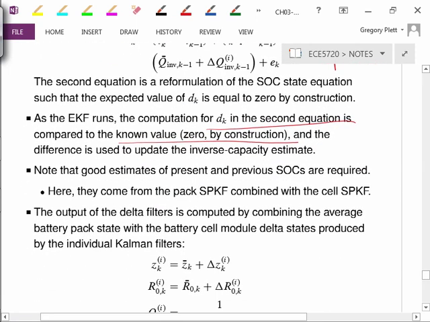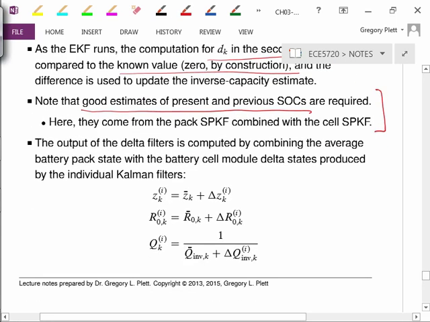The biggest problem with this method is that I need a really good estimate of present and previous state of charge. And here they come from the pack state SPKF combined with the cell SPKF. In practice, this is maybe not as good as we need to get a really good estimate of capacity, as we'll see next chapter. The output of the delta filters is computed by combining the average battery pack state with the battery delta states.